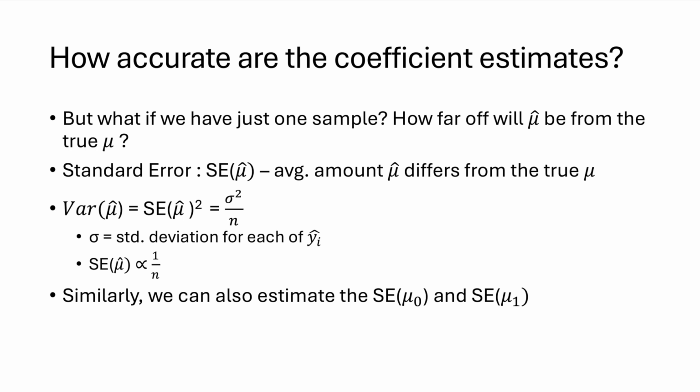With a single sample, we measure the accuracy of coefficient estimates using something called the standard error, and this helps us understand how much our estimates, beta 0 and beta 1, might deviate from the true values of beta 0 and beta 1.